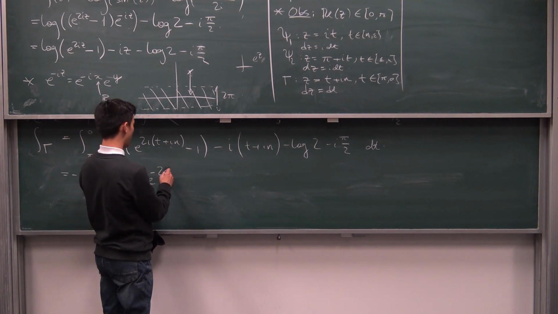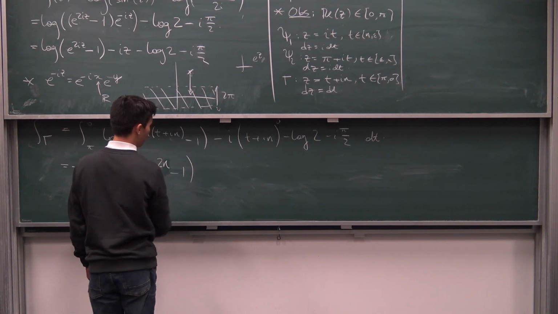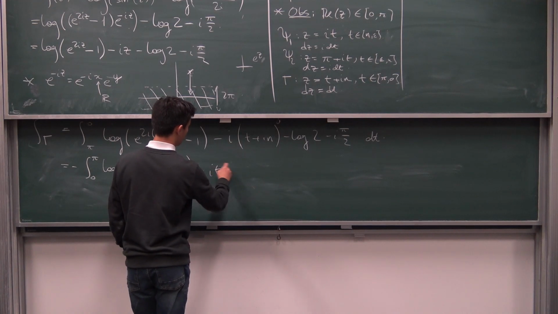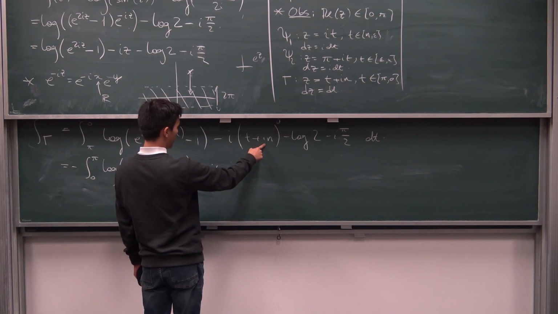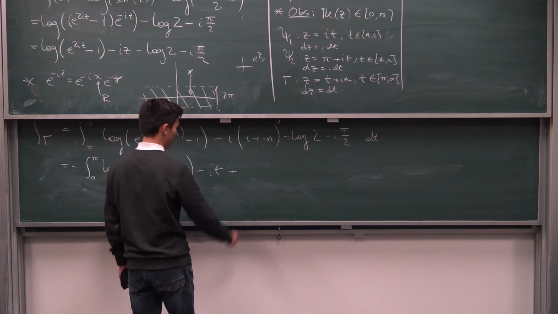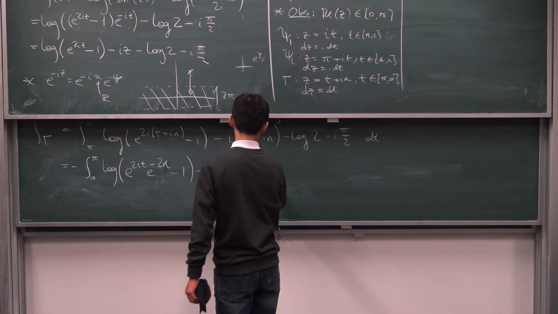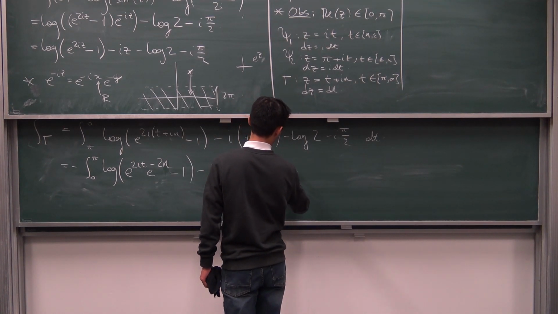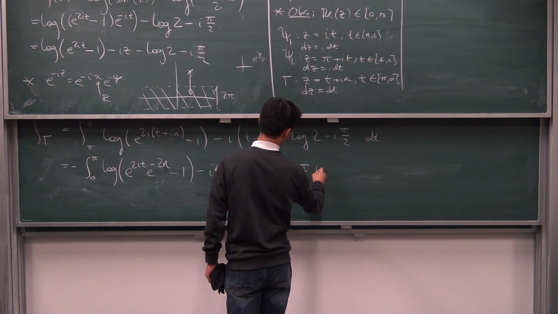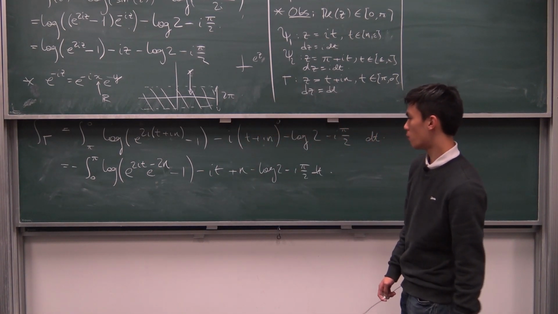We have e to the negative 2n, so that's going to be 0 actually. We have a -1 and then minus i times t. Negative i, positive i, that's exactly 1. So that's going to be plus n. And then we have minus the constants over there, so minus log of 2, and then minus i times pi over 2 dt.